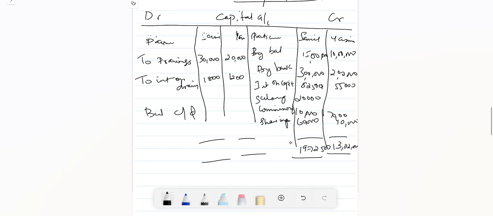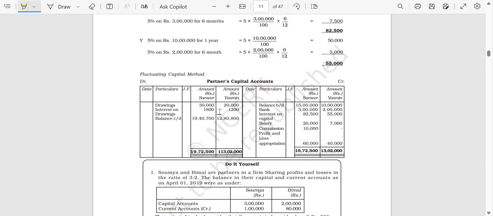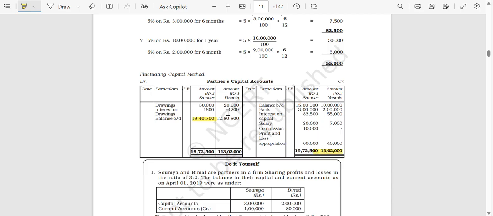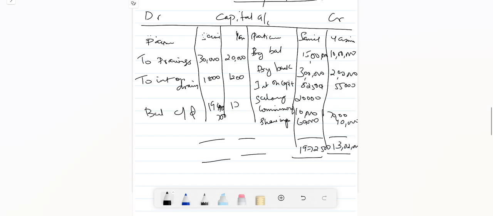Minus, so now 19 lakh 72,500 minus 30,000 minus 1,800 will give you 19 lakh 40,700, which will be here. And here 13 lakh 2,000 minus 20,000 and 1,200 will give me 12 lakh 80,800. So that's all for today.